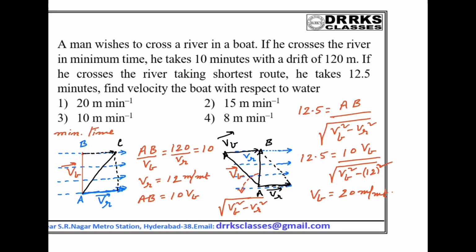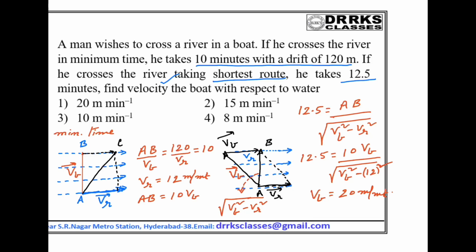So let us start solving the problems. A man wishes to cross a river in a boat. He crosses the river along the minimum time path and takes 10 minutes with a drift of 120 meters. And when he crosses the river by the shortest route, it takes 12.5 minutes. So find the velocity of the boat.